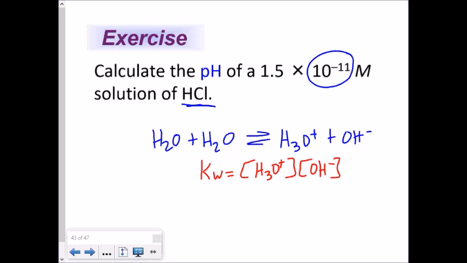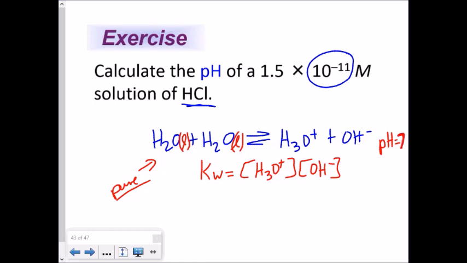If this is pure water, nothing dissolved in it, then our pH should be 7. Everybody understand that for pure water the pH is 7?